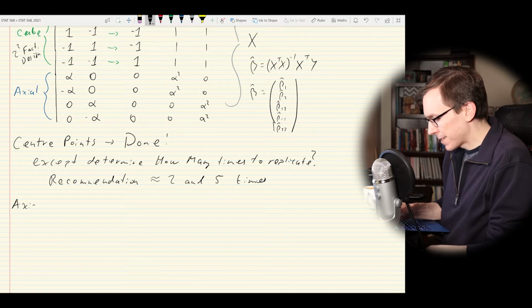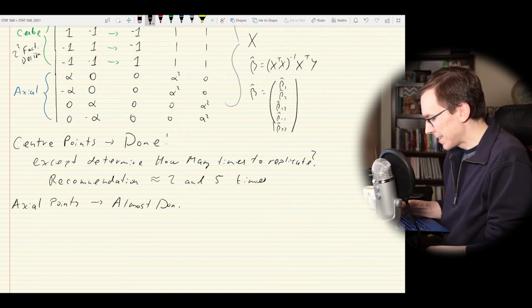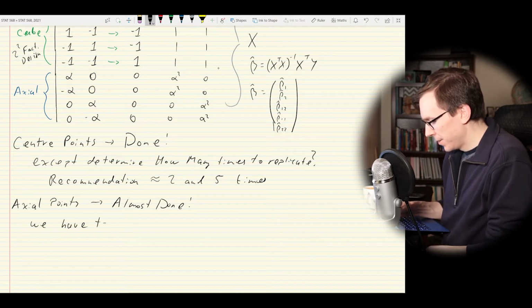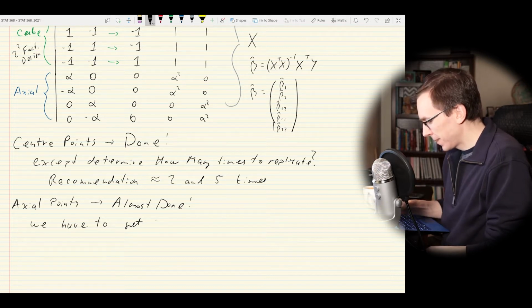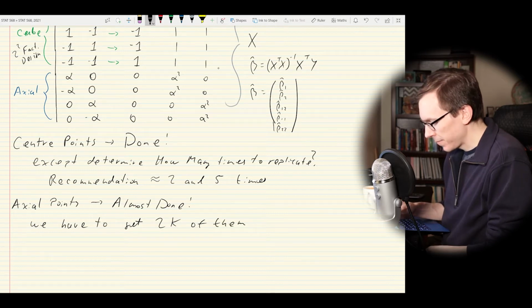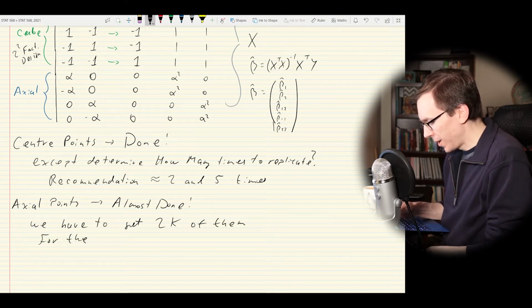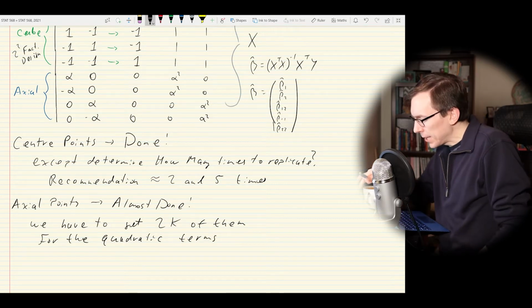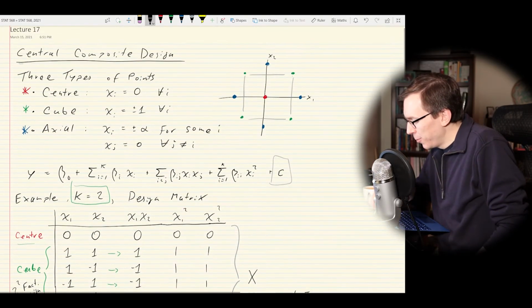Now for the axial points, this is almost done, in the sense that we have to get 2k of them for the quadratic terms. Because if you look back at this design, what do we have here?